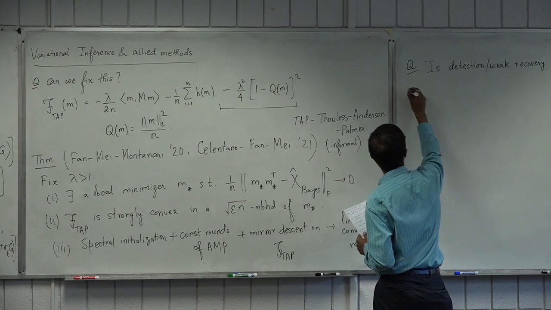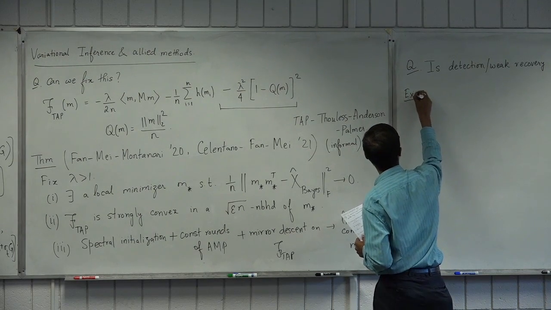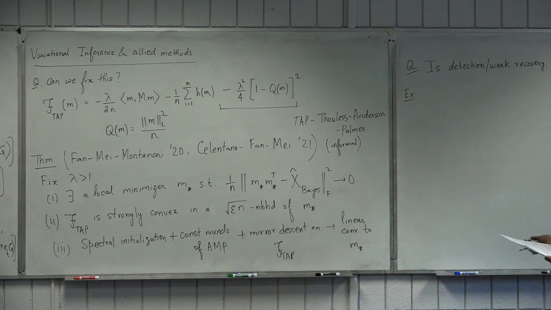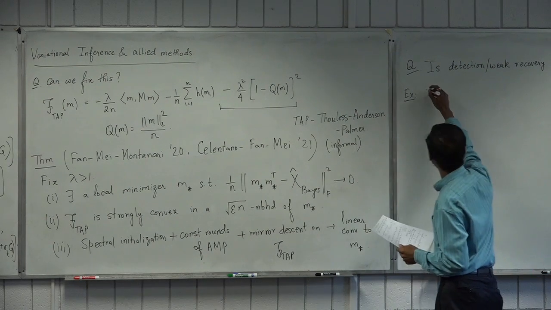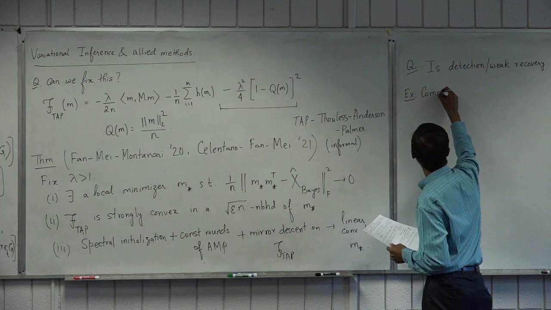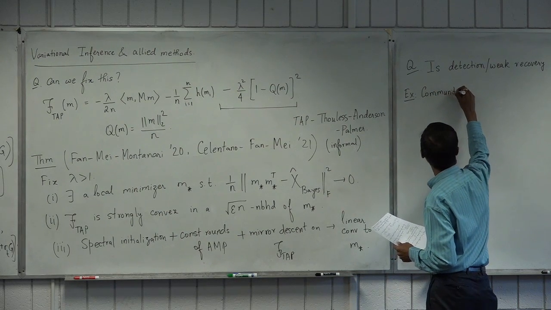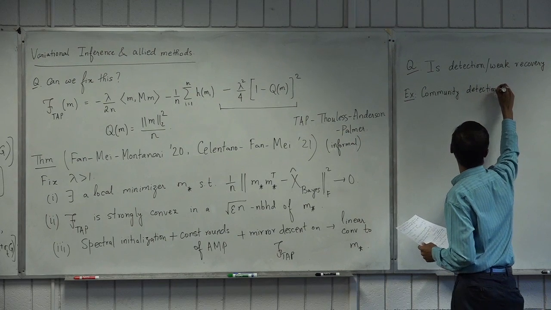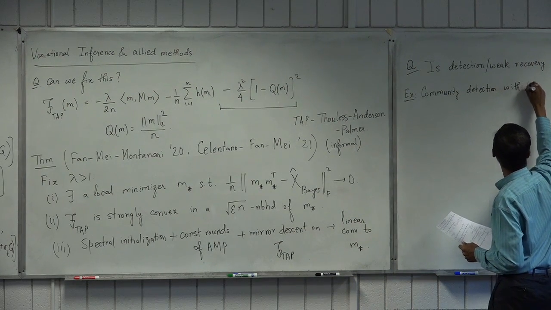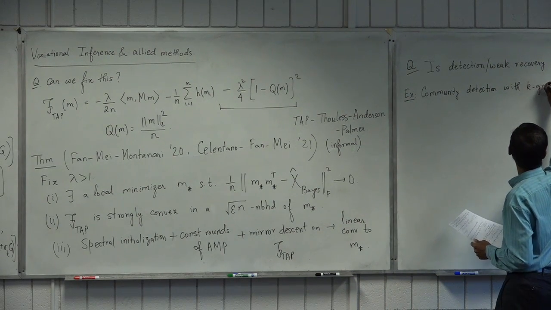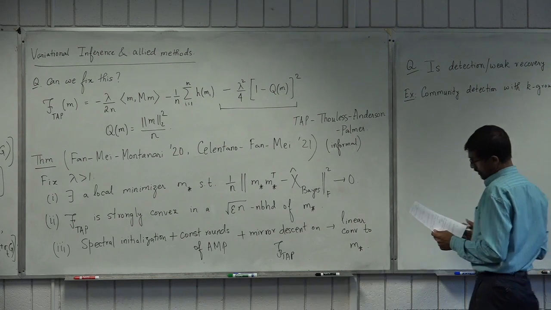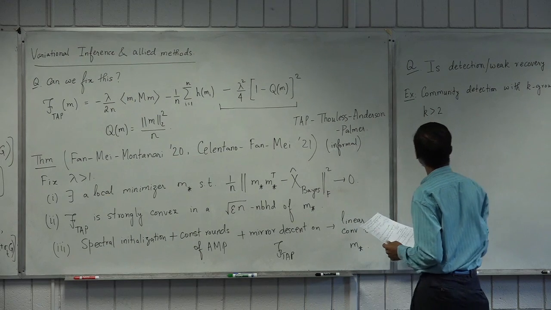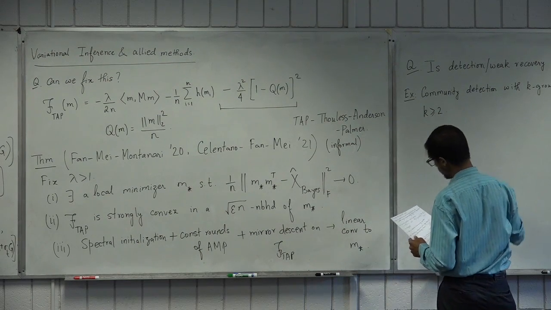Let me give you one very stark example, which is a very small generalization of our community detection problem, but now with K groups. Community detection with K groups. So the idea here is that I fix some K which is strictly bigger than 2, let's say bigger than or equal to 2.